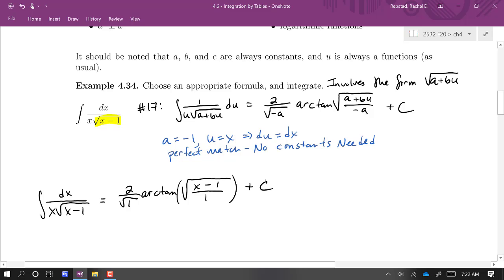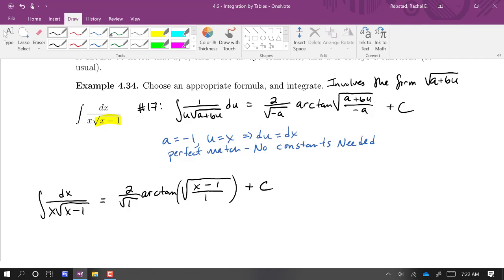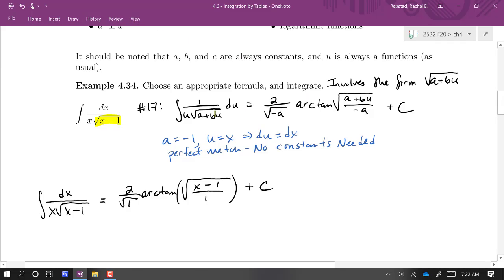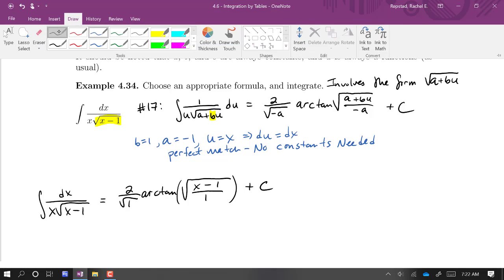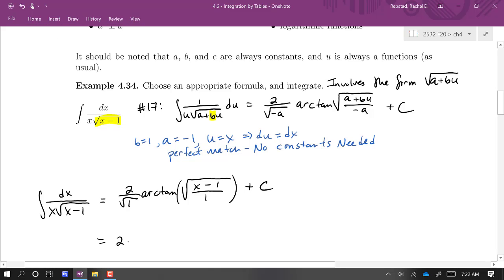And then we can clean this up. You'll notice, I guess one thing I skipped over here is that the formula does involve the constant b, but for us, b is equal to 1. So I'll just make a note of that. And we'll simplify. So this is 2 arctan of the square root of x minus 1 plus a constant.